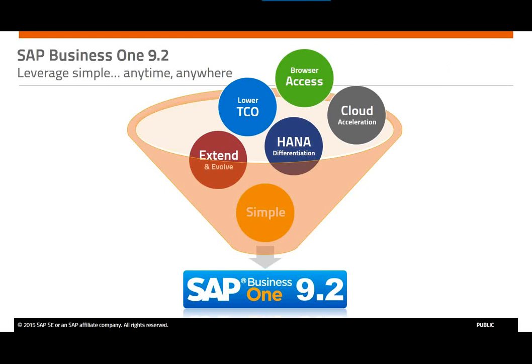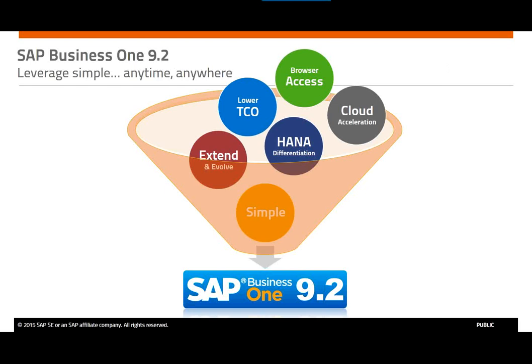Also, there were many different solutions that were made available utilizing the SAP in-memory database technology called HANA. And so they've spent a lot of time in 9.2 making these what are called extreme apps even more usable with HANA, and taking additional business analytics capabilities and incorporating those using the power of SAP HANA.